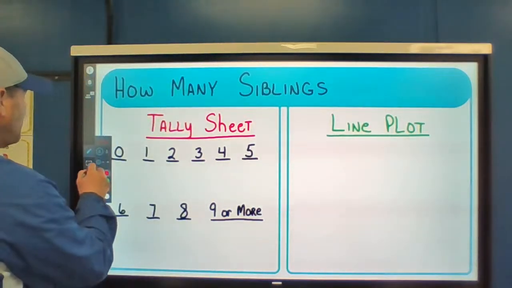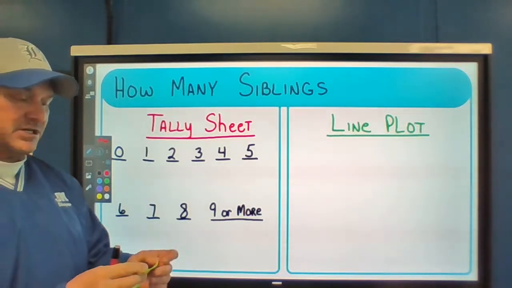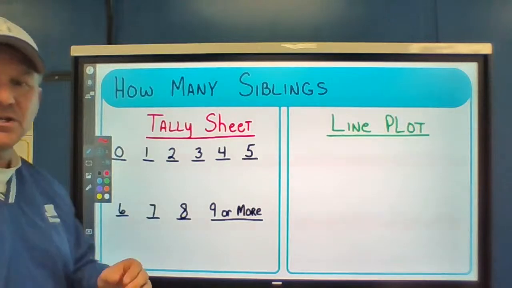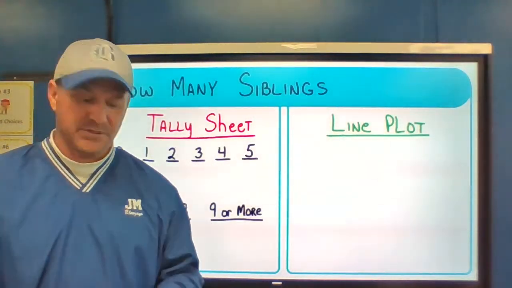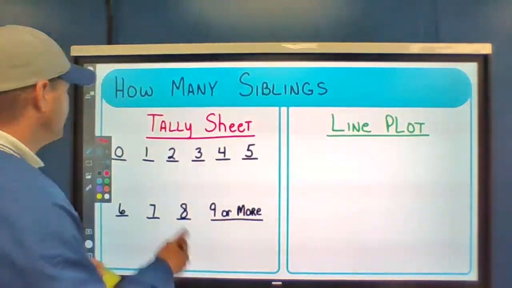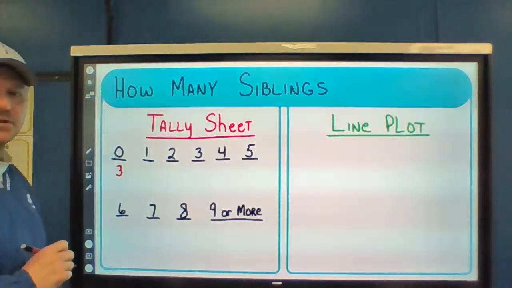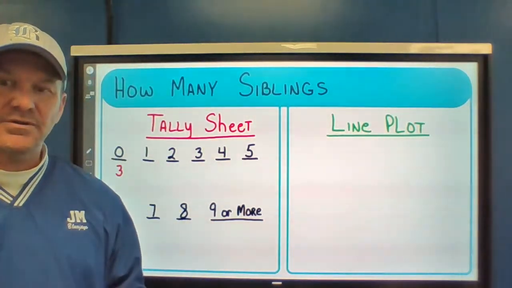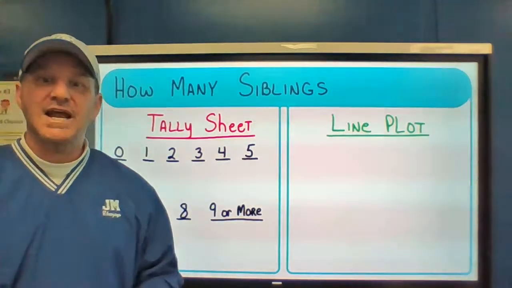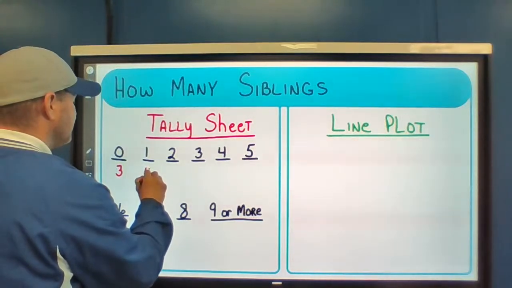Those of you that told me that you did not have any siblings, so zero brothers and sisters, there were 3 of you. So I would put 3. Those of you that had 1 brother or sister, there were 12 of you.